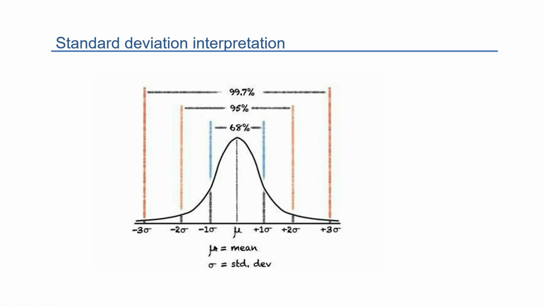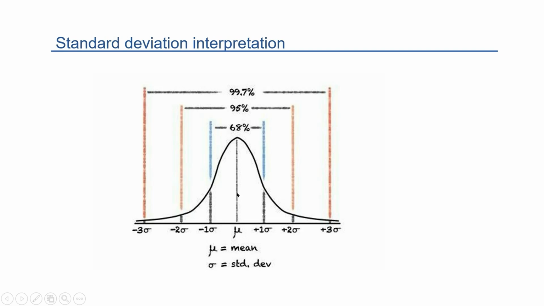Suppose this is our mean, and this distance from here to here is 1 sigma, that is 1 standard deviation, and this from here to here is also 1 standard deviation, but this is in the negative and this is in the positive, and this central line is our mean.